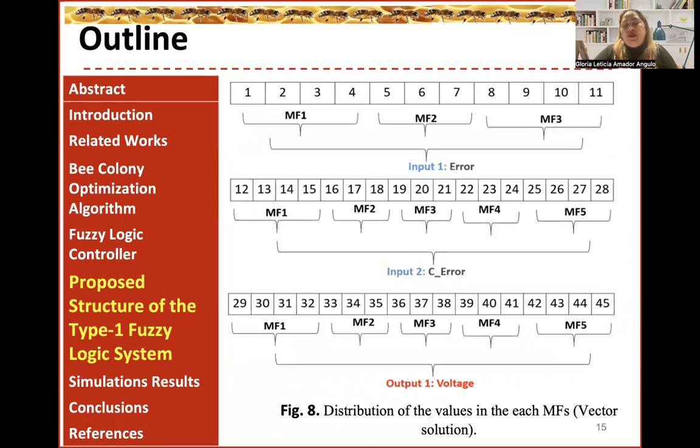Image number 8 indicates the distribution of the values in each membership function. The size of the solution vector has 49 values.